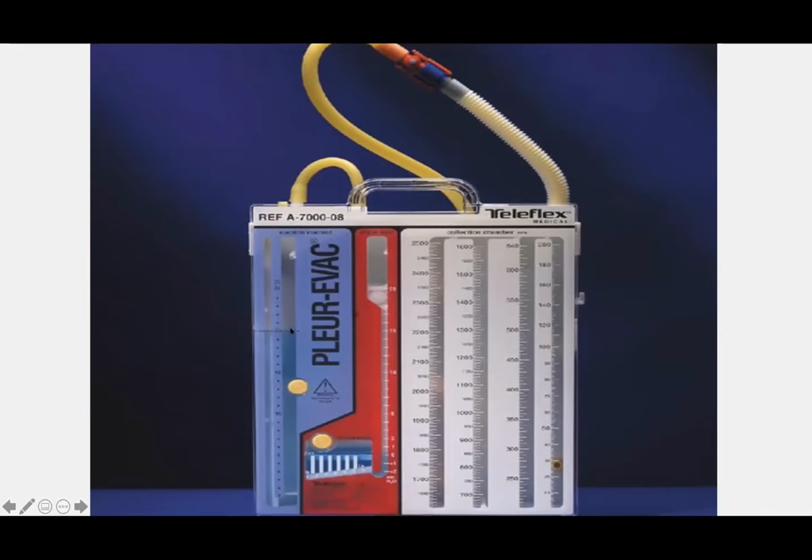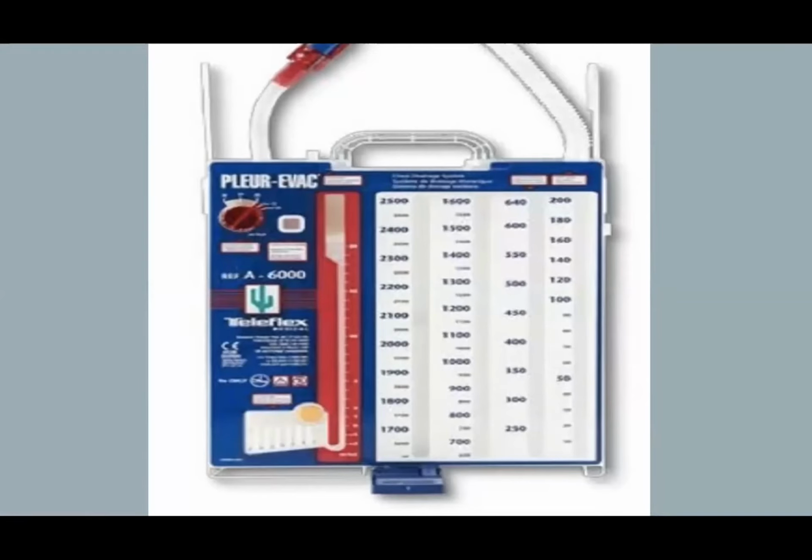This will indicate that you have a proper intrathoracic pressure. This chamber is what we all know as the collecting chamber that will be collecting the fluid that is coming out from the patient's chest.